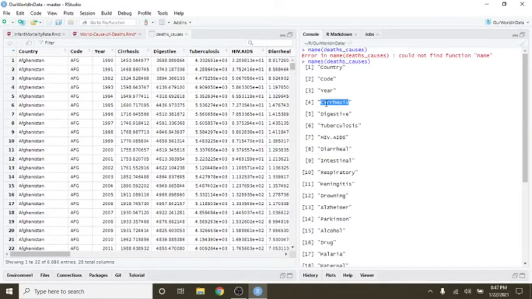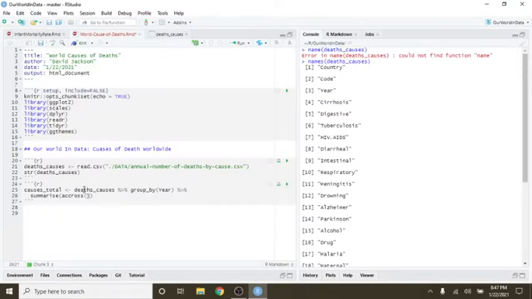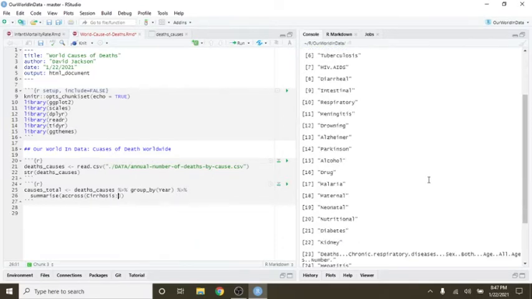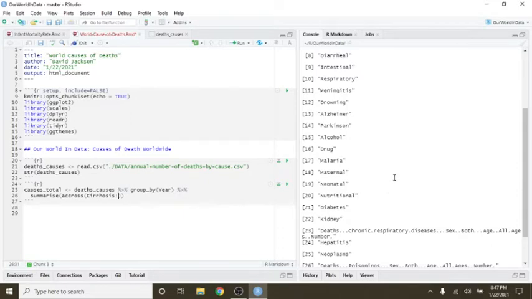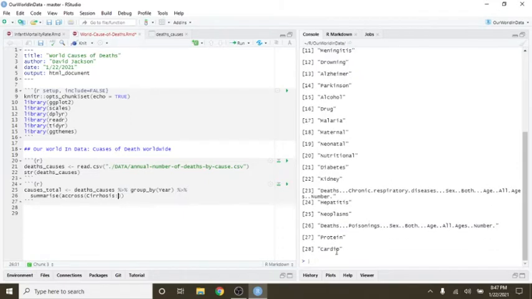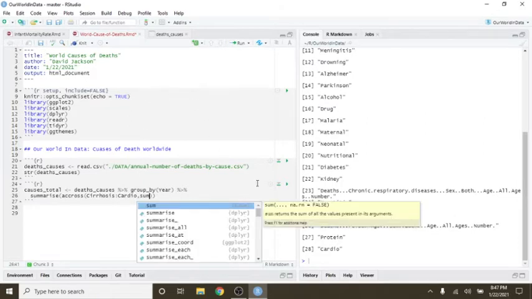Cirrhosis. Use this. And we're going to do a total all the way across.